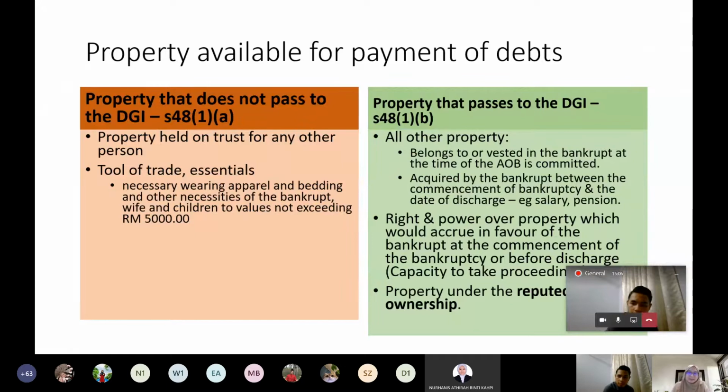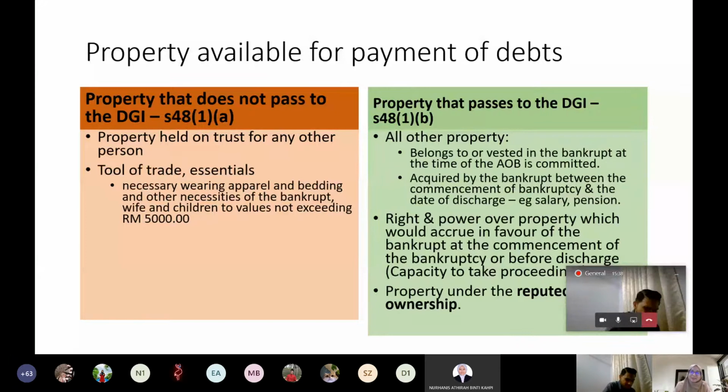Okay, and then another position of the property is that all of the property which is acquired by the bankrupt between the commencement of the bankruptcy order and the date of discharge. Maybe a person has been adjudged bankrupt today, the 10th. For example, he is declared bankrupt today.